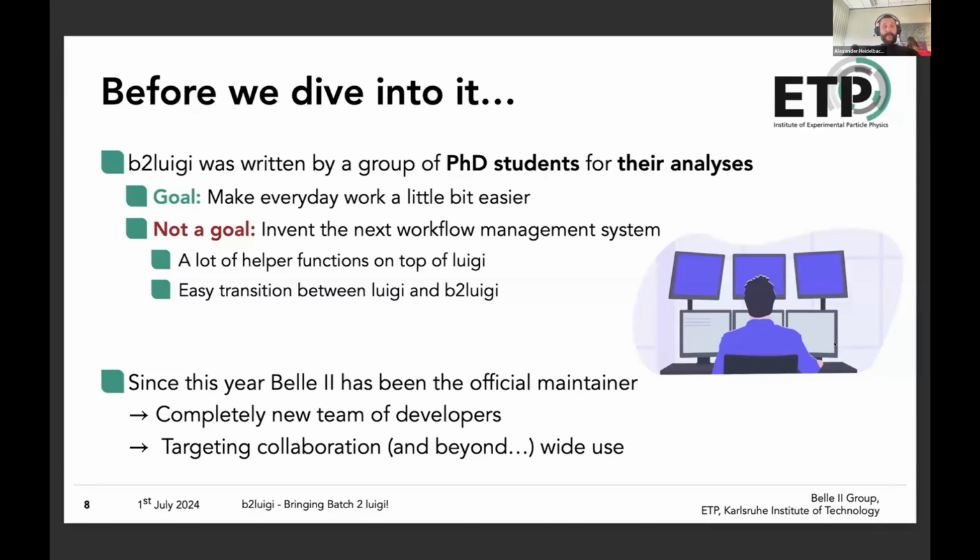Meaning we have now a completely new team of developers and maintainers. And of course, we now target a collaboration by use, but we also want to keep b2luigi as simple as possible, such that it's not tied down to our experiment. So we try to make b2luigi as experiment agnostic as we can.